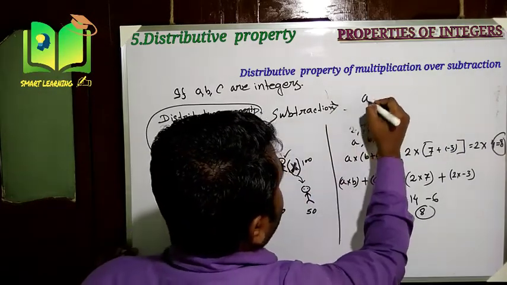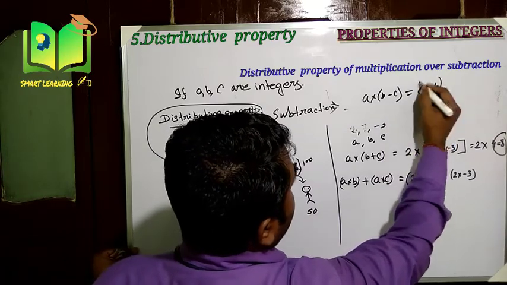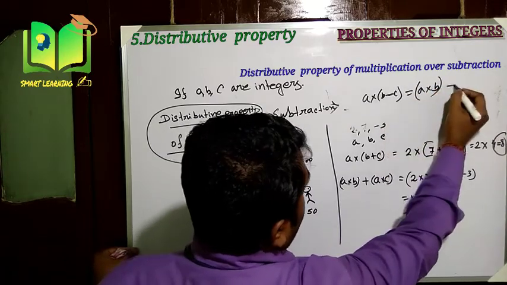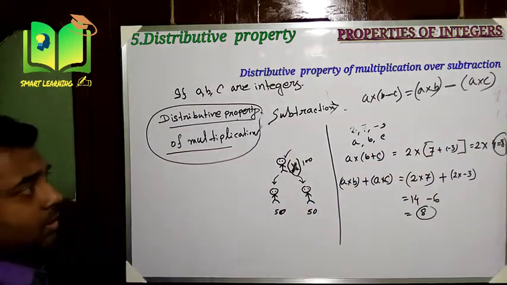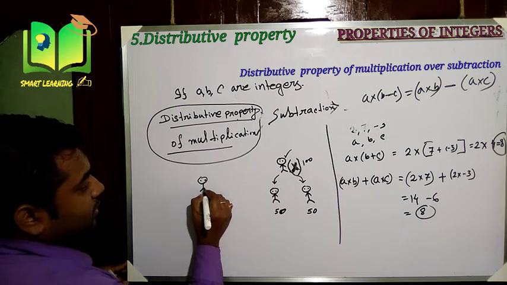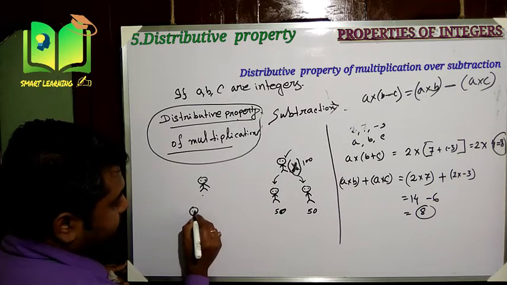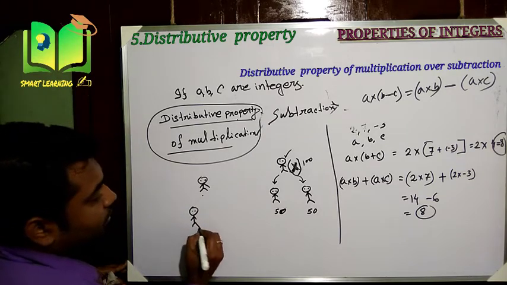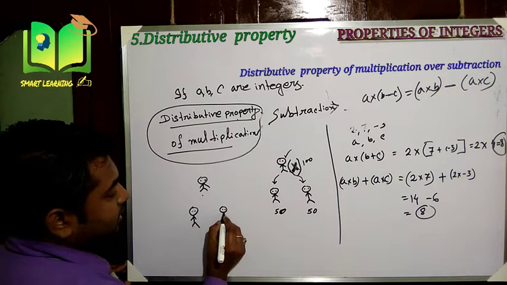Just write A into (B minus C) equals A into B, as minus sign is here, so minus also here, A into C. Distributing. So suppose this uncle is going to distribute few chocolates with one brother and one sister.